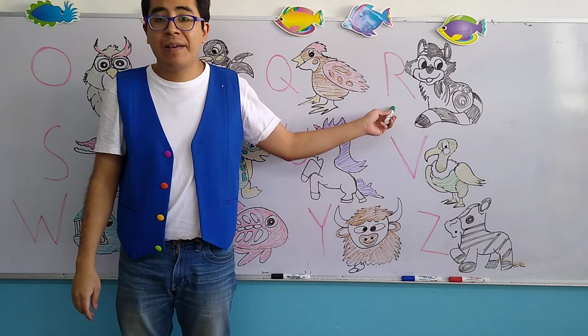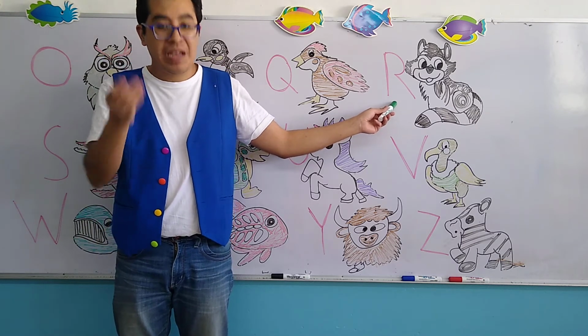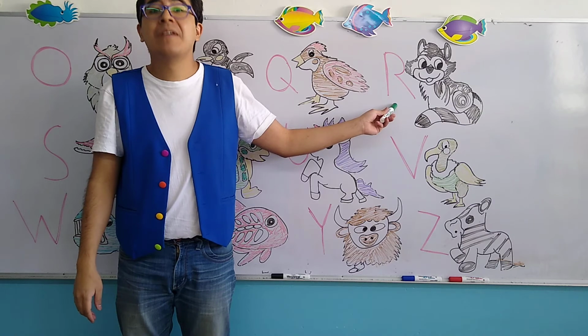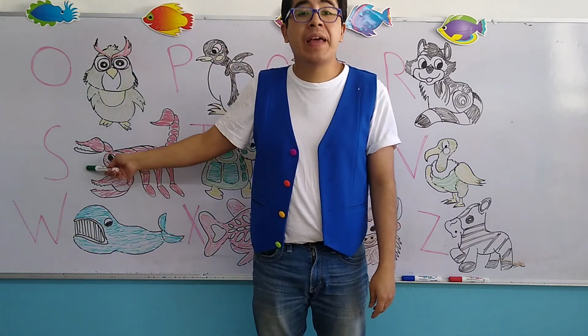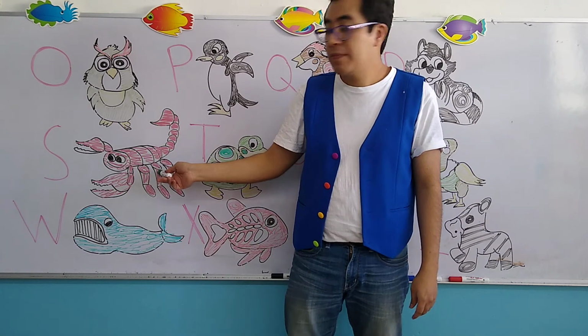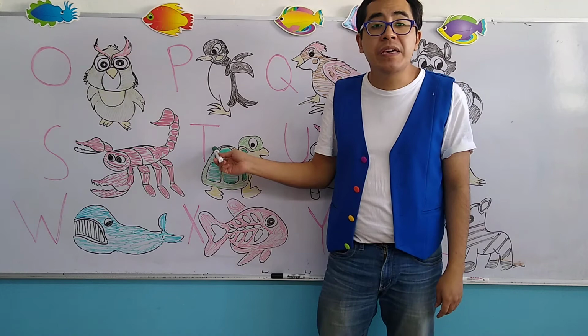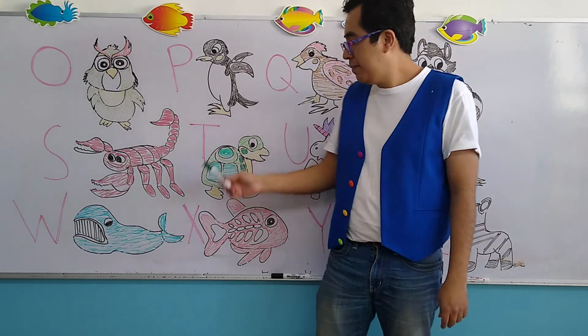Capital R, raccoon. One more time. Capital R, raccoon. Capital S, scorpion. Capital T, tortoise or turtle.